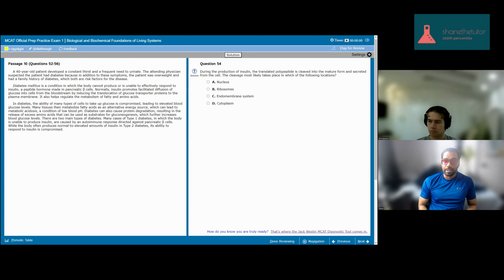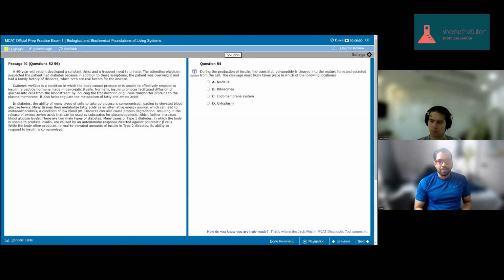But the nucleus, the endomembrane system, the cytoplasm are all, I don't want to say hollow, but there could be things inside of them. Whereas ribosomes are not hollow. They're kind of solid.